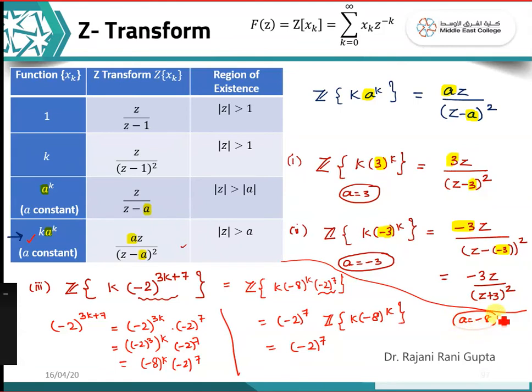So it means we are working like example 3. So it gives you minus 8z over (z plus 8) power 2. Say if it is a, we write here minus a. If it is minus a, we write here plus a. This gives you the solution.